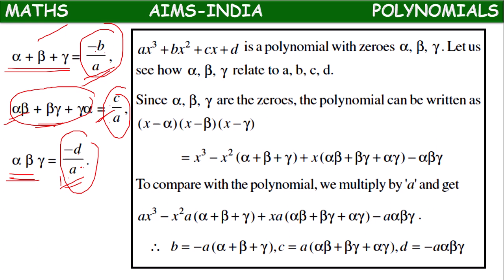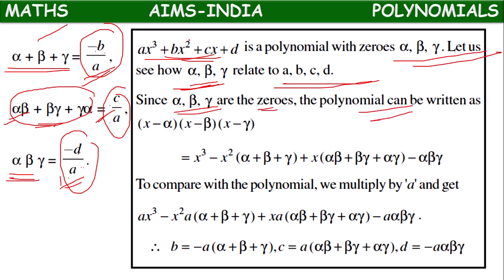Next. So if this is the cubic polynomial with zeros alpha, beta, gamma, let us see how this alpha, beta, gamma are related to a, b, c, d. So alpha, beta, gamma are the zeros of the polynomial. So the polynomial can be written as a product of factors: x minus alpha, x minus beta, x minus gamma.